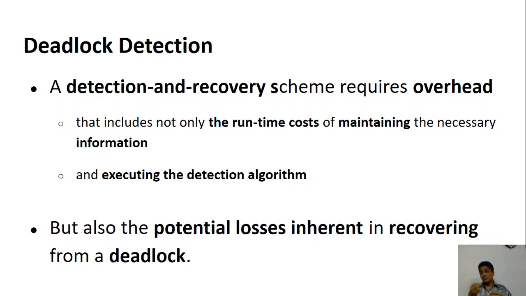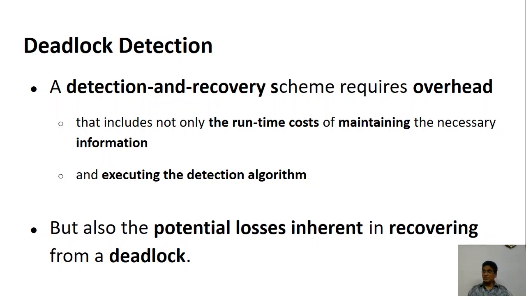In that case, you find a victim process, just close it down, kill that process and recover all the resources that were given to it, and then see whether you can continue. So this again is some extra effort that you need to do.